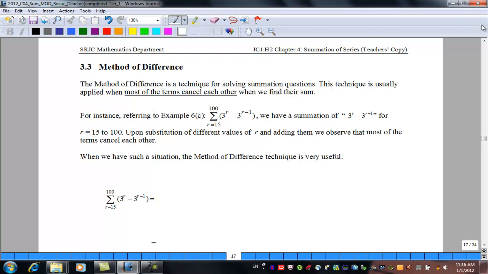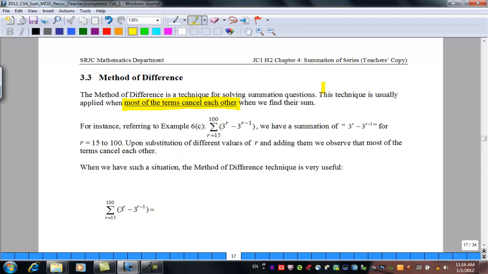Now the method of difference is actually a technique for solving a certain particular type of summation question. We will usually apply this technique when most of the terms cancel each other out when we find their sum.